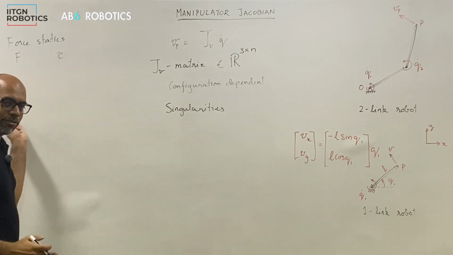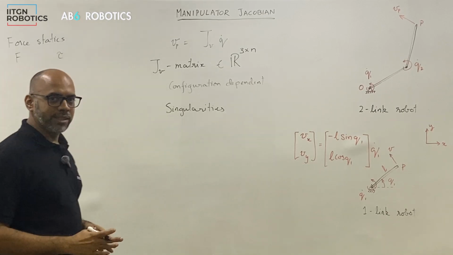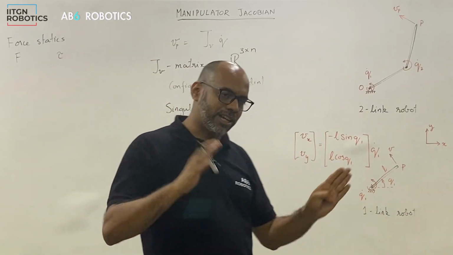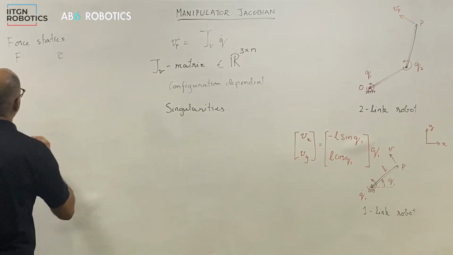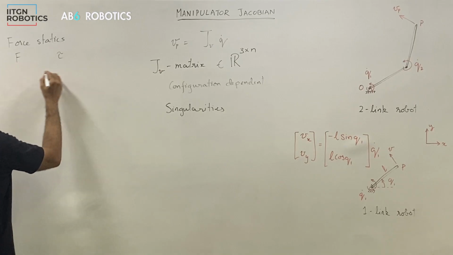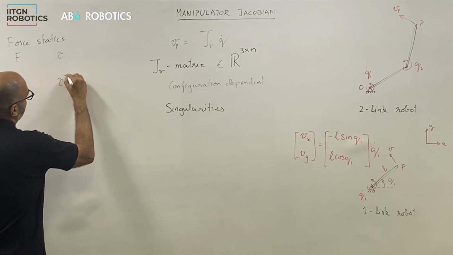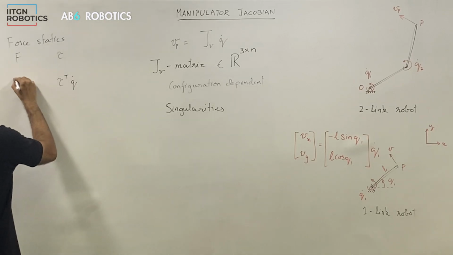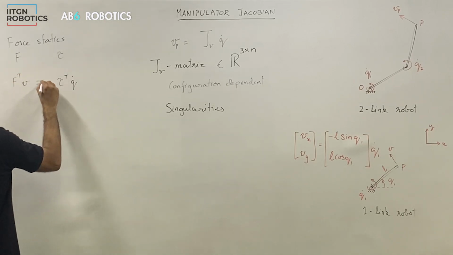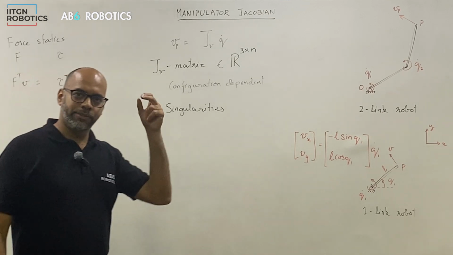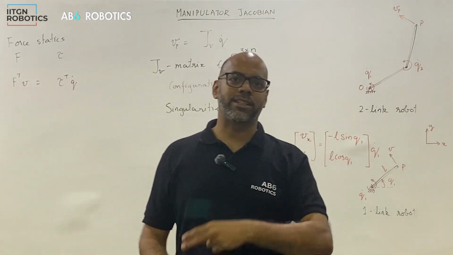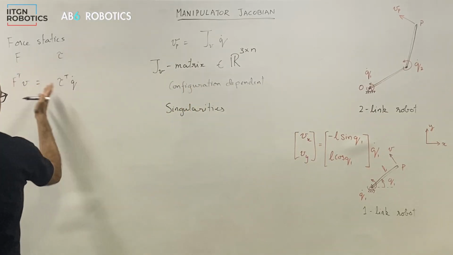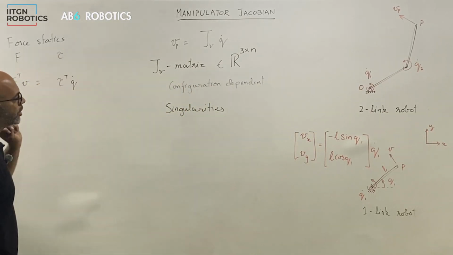A very simple way to derive this relationship is to just say input power to the robot is the same as the output power, assuming no losses. So the input power would be tau transpose q dot, and the output power would be F transpose V. Work done is force times distance, and power is the rate of change of that. So force times velocity, but writing in vector form, you write F transpose V and tau transpose q dot.